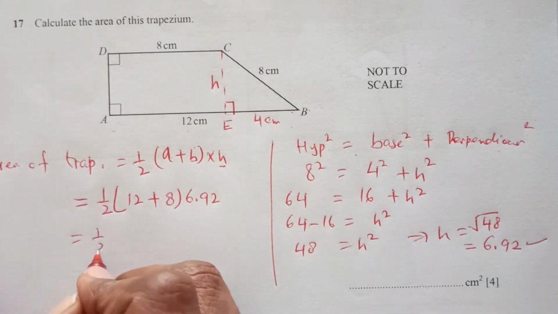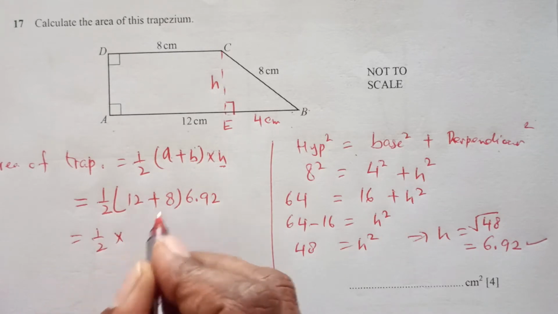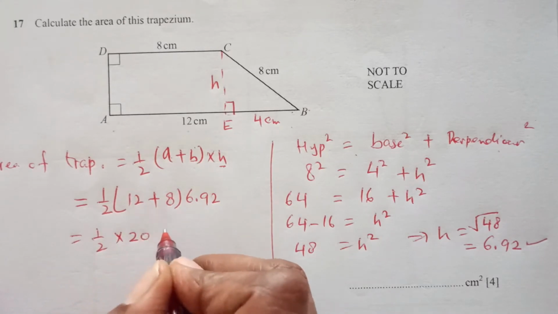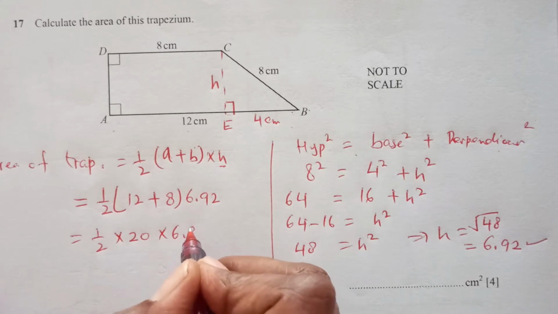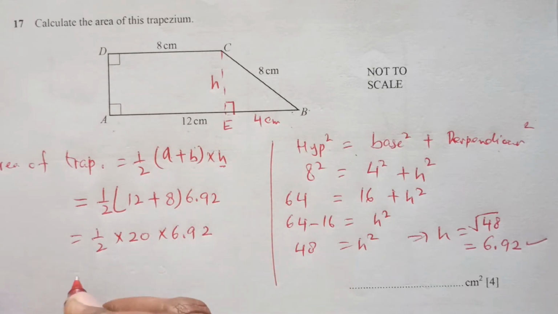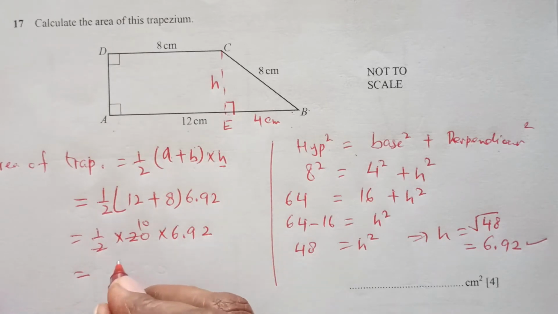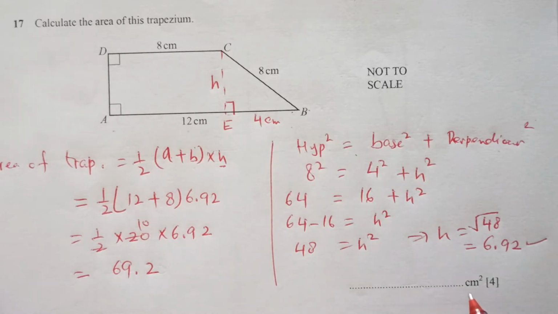So 1 over 2 times 12 plus 8, this is 20, times 6.92. So this is times 10. It's coming out to be 69.2 centimeters squared, to three significant figures. 69.2 is the final answer of this question.